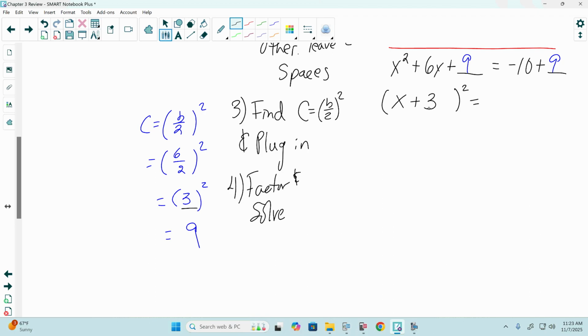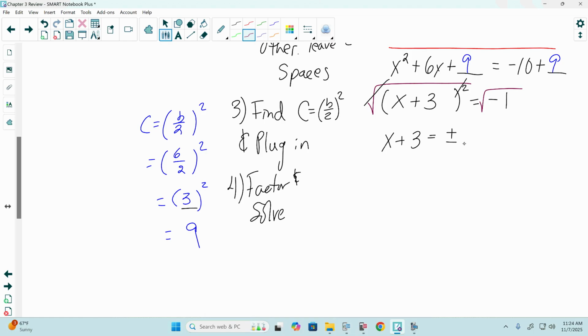Now the other side, we have negative 10 plus 9. That is negative 1. Now the last thing we need to do is to solve. And to do that, we're going to square root both sides. Here, the square root and square will cancel, giving us x plus 3 is equal to plus or minus. Whenever we take the square root of both sides, we have to put the plus or minus.